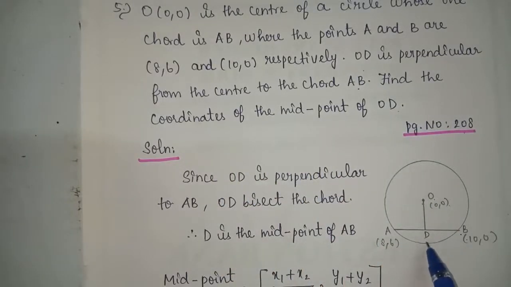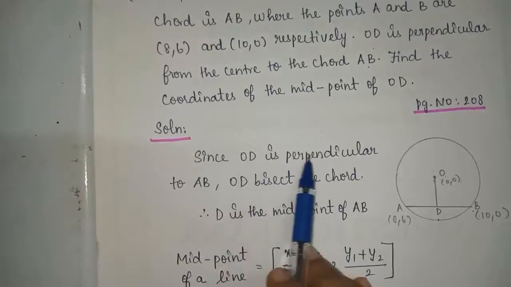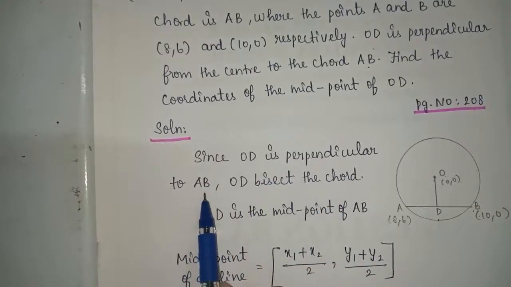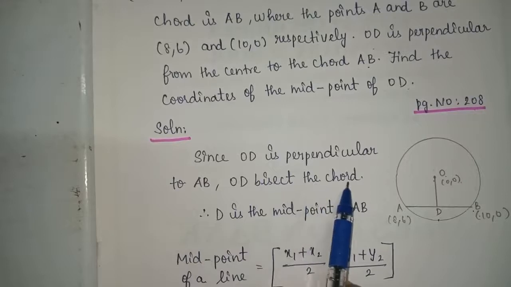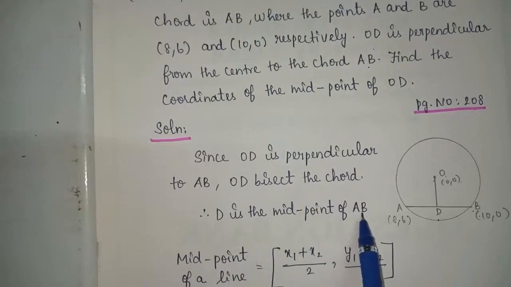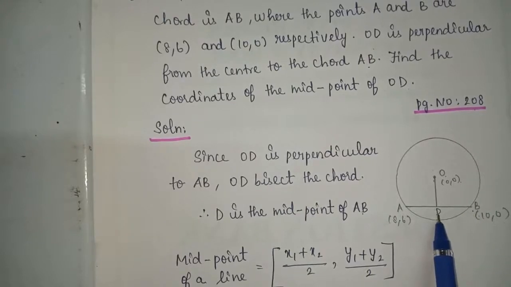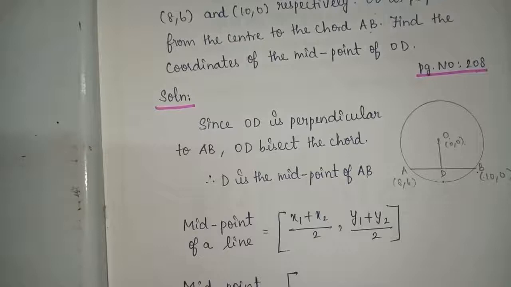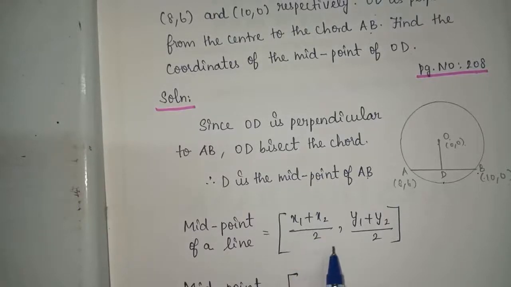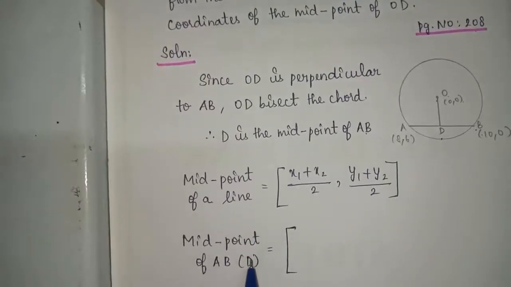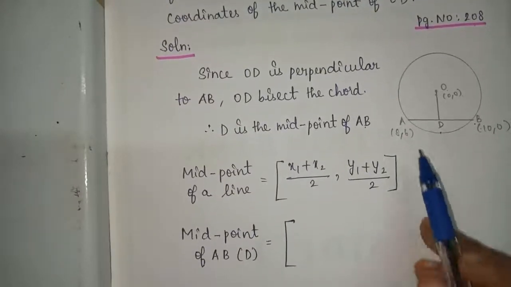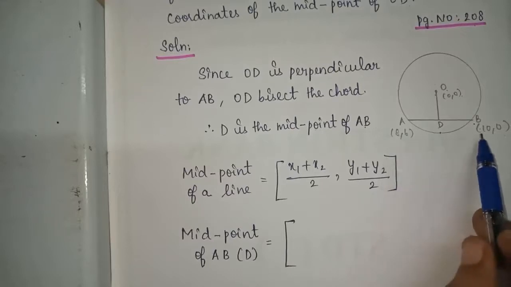So at first you have to find the point D. Then you are going to find the midpoint of OD. Since OD is perpendicular to the chord AB, OD bisects the chord. Therefore, D is the midpoint of AB. So by using the midpoint formula, you can easily find the point D. The midpoint formula is x1 plus x2 by 2, y1 plus y2 by 2. So the midpoint of AB, that is the point D, is equal to, this is your x1 value, y1 and x2, y2.